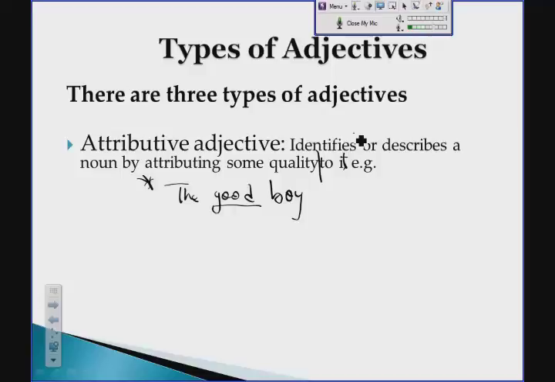He has been identified, and we are describing him, and the adjective is adding some attribute to him. He is not a bad one, he is a good one. And he can be singled out from the majority of the boys. We describe him, we identified him, because the adjective has done its work. It has added some attributes to it.